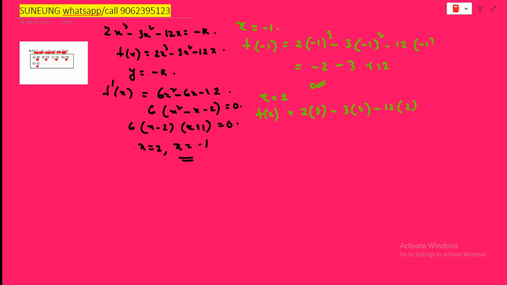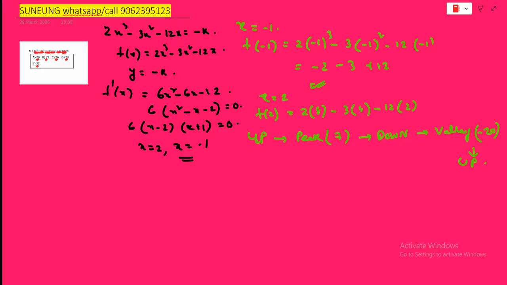Now since our x cube term is positive, the graph starts from the bottom left and ends at the top right. It goes up and then peak, that is 7, then down, then valley, that is minus 20, and then up.